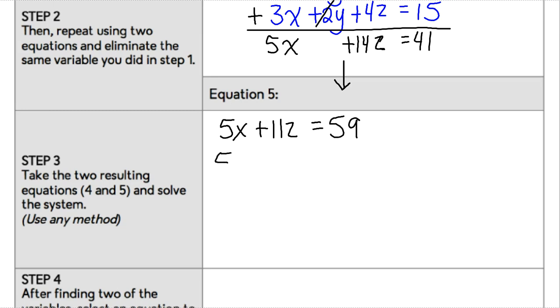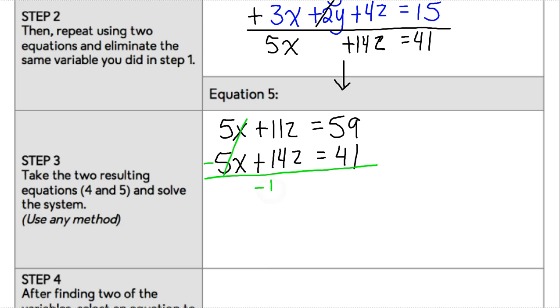And equation 5 that we found was 5x plus 14z equals 41. Now I am ready to eliminate here. So I can see that my x's are lined up and they already have the same coefficient. So I'm going to subtract those x's to eliminate. Those go away.